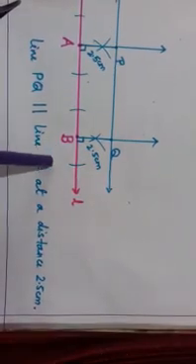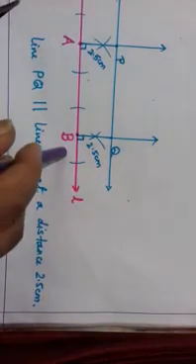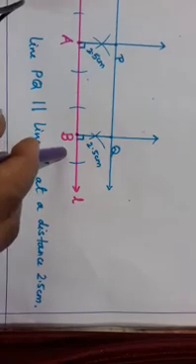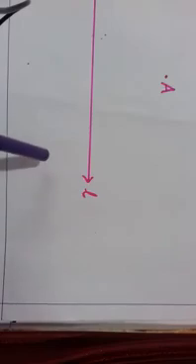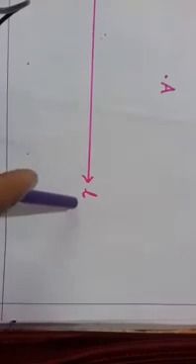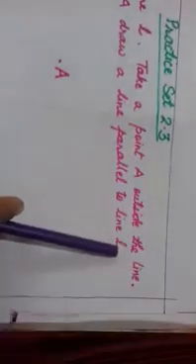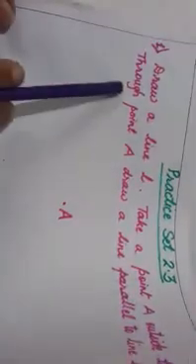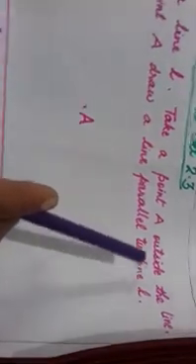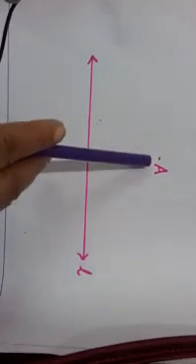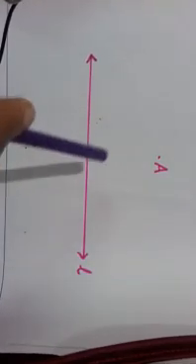So here we have completed the examples given on the 12th and 13th page, that is construction 1 and 2, and now we will start practice set 2.3. The first question of practice set 2.3 is: draw a line L, take a point A outside the line, and through point A draw a line parallel to line L. So here again we have to draw a parallel line and take point A outside the line.